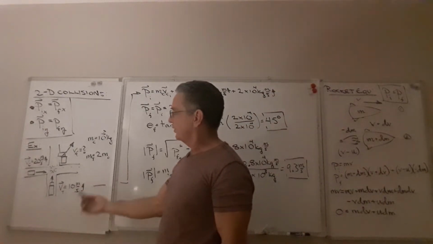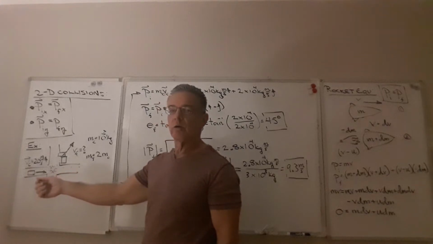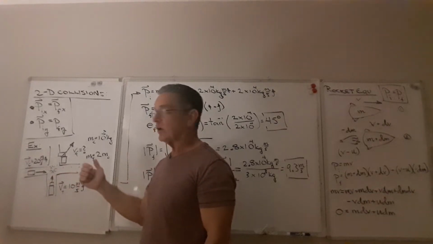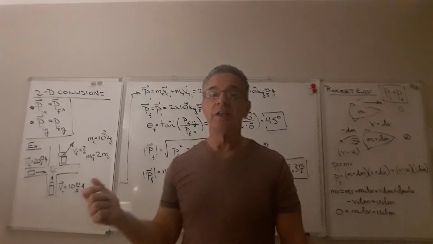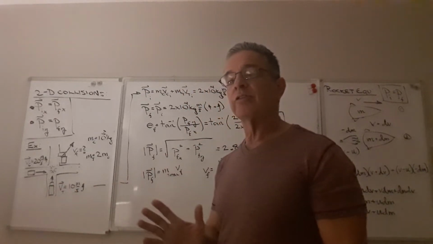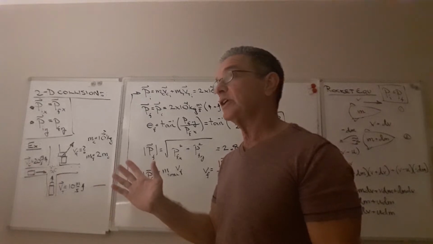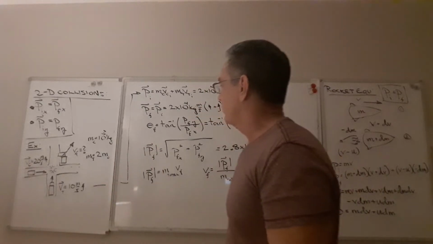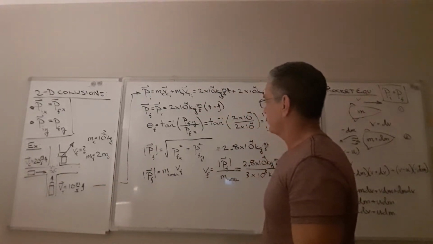So if the truck's going north and the car's going east, then once they collide, since they have equal amounts of momentum perpendicular to each other, they slide off toward the northeast, 45 degrees to the positive x direction.